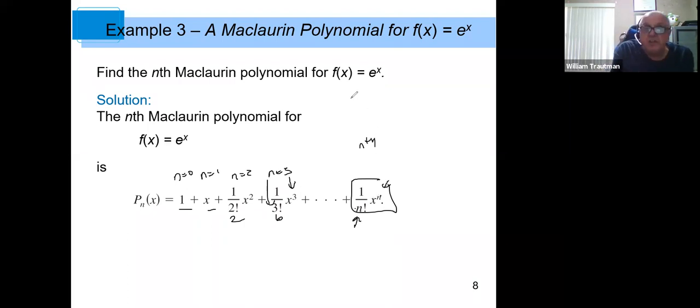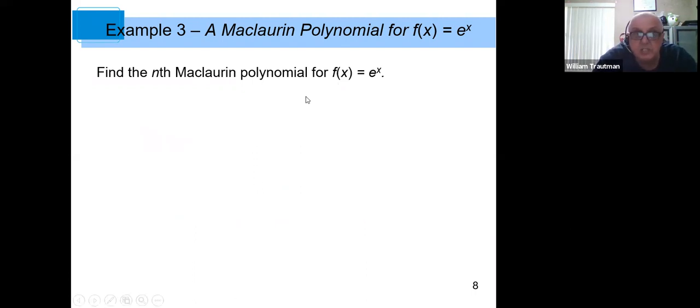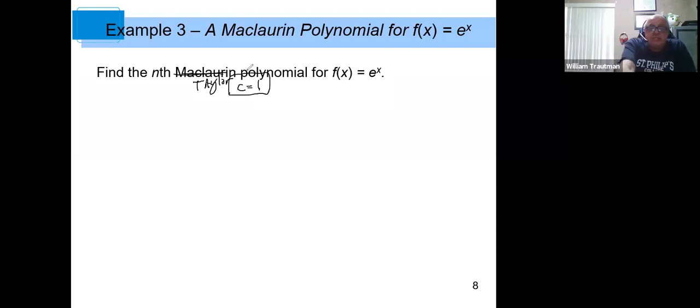Now, I don't have the Taylor one example, but let me do that and just say this is what would happen for a Taylor. They would tell us what c equals. c equals 1 in this case. So if this is a Taylor, let's say c is 1, and we would go through the same process.